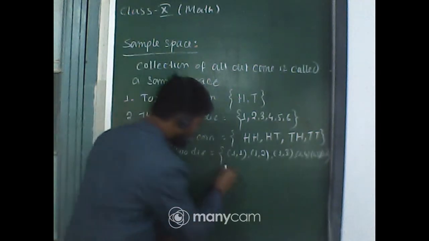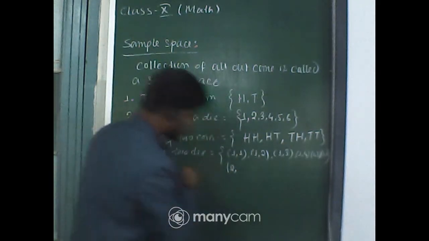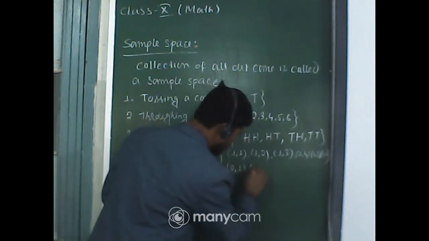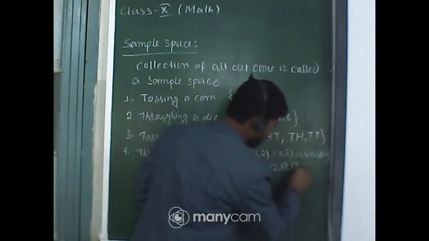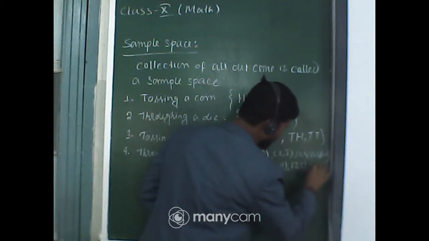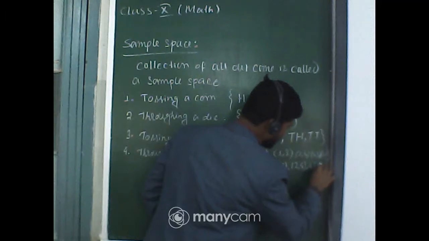Similarly, if the first die shows 2, then the second die may be 1 or 2 or 3 or 4 or 5 or maybe 6.